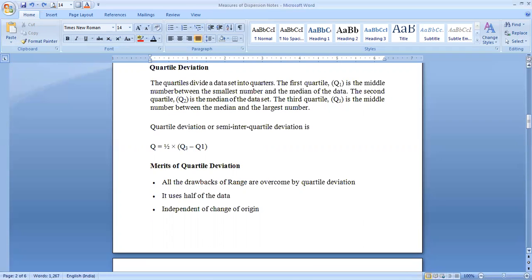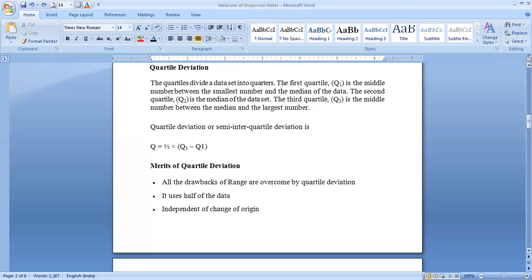The merits of the quartile deviation are as follows. First, all the drawbacks of range are overcome by quartile deviation. It is a very important point that the range has some drawbacks, but these are overcome by quartile deviation. Second, it uses half of the data, and it is independent of the change of origin.